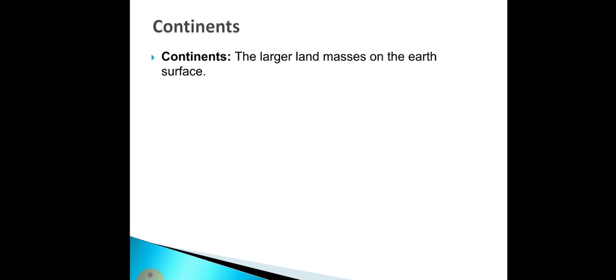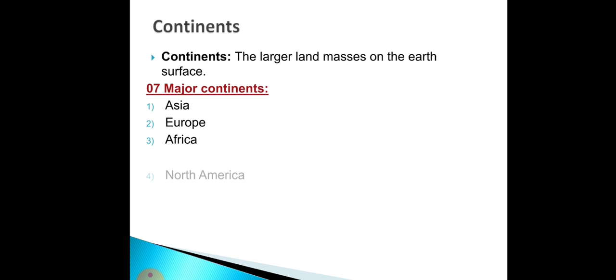Next, continents. A continent is nothing but a large landmass present on the earth's surface. There are the 7 major continents: Asia, Europe, Africa, North America, South America, Australia and Antarctica.